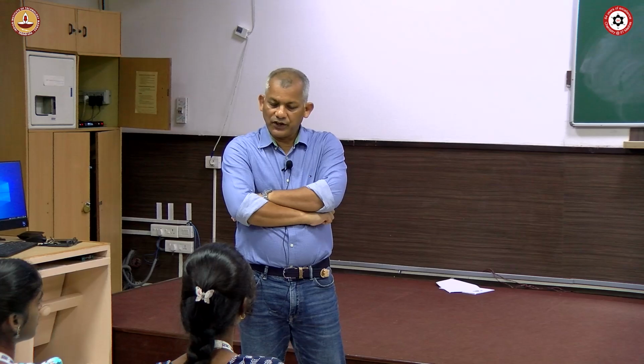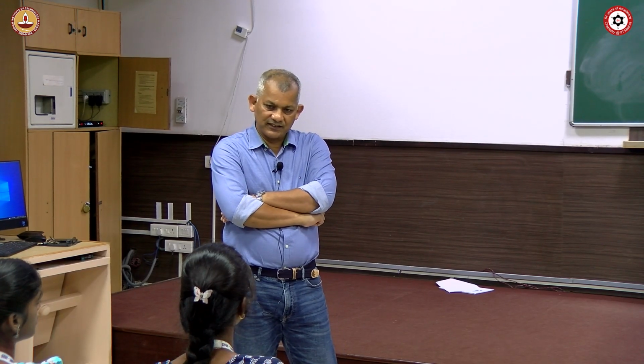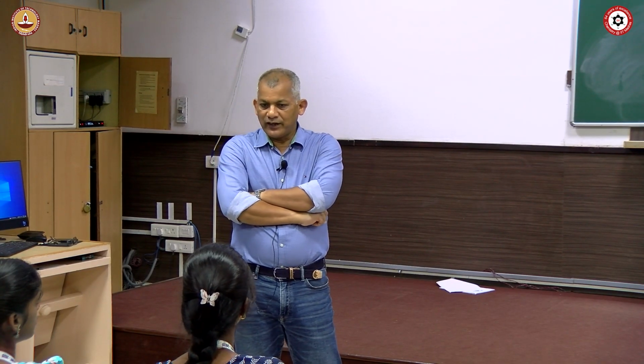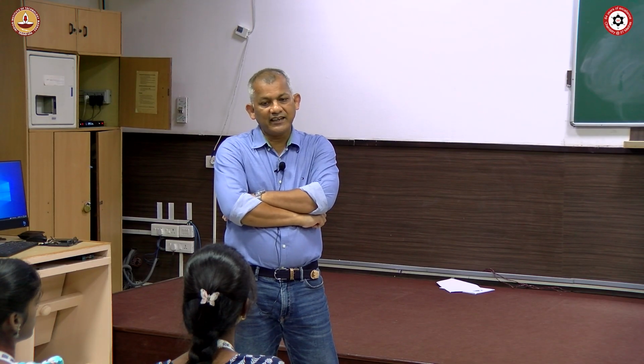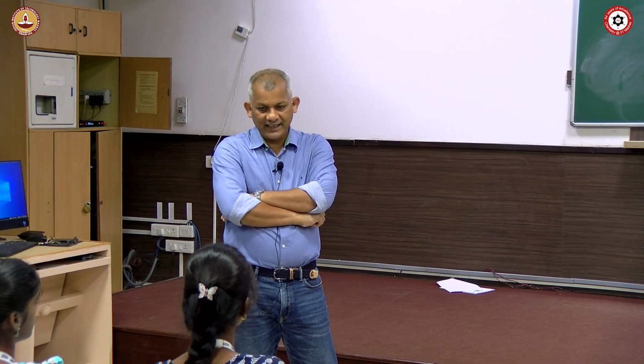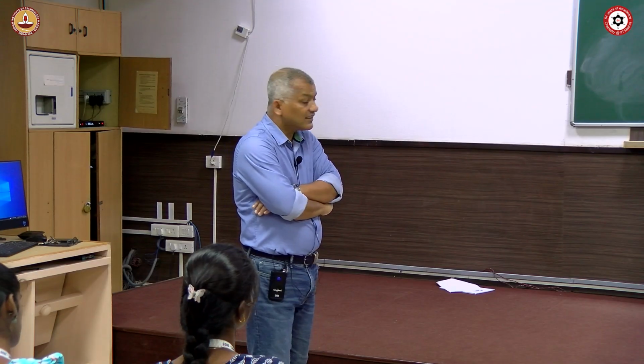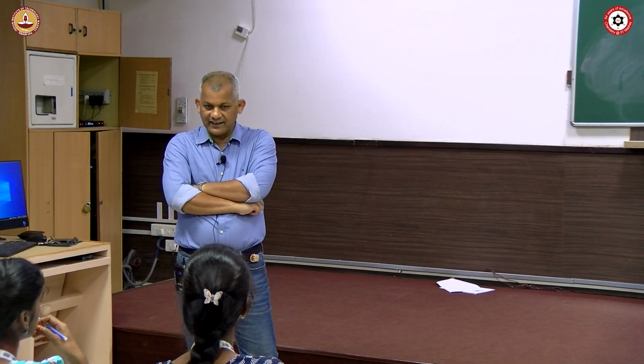This molecule, tungsten, what is the oxidation state? You know how to calculate oxidation state. To calculate oxidation state, you need to understand, I told you in the beginning, know your ligand. So what is the ligand here? Hydride.